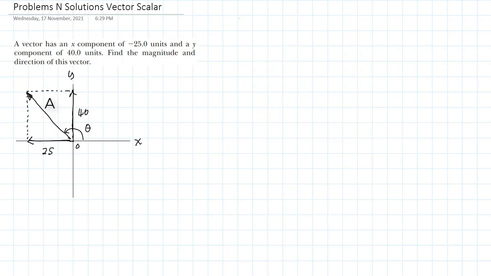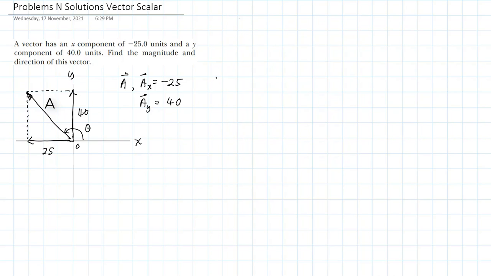From the information we are going to find the magnitude of this vector A. We know the AX component is equal to minus 25, and the AY component is 40.